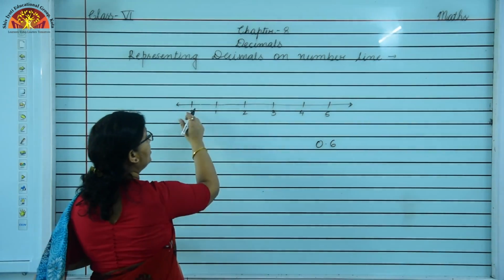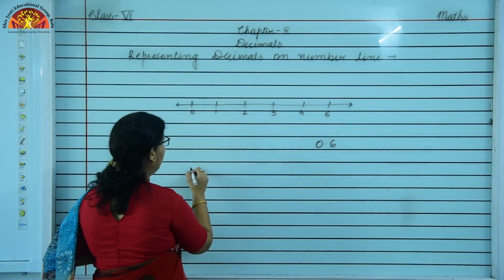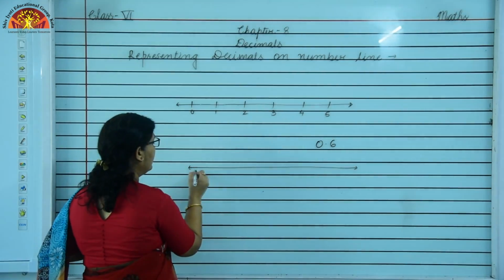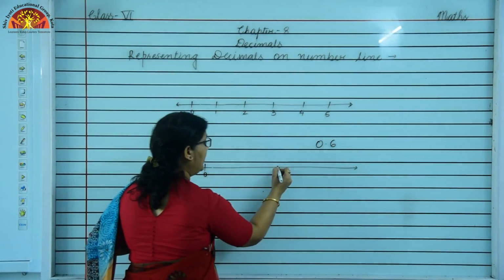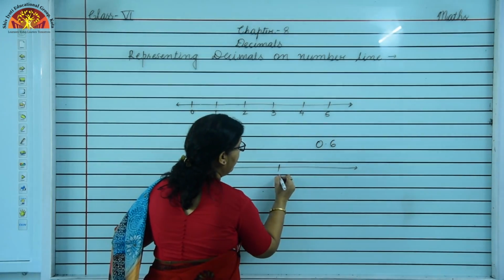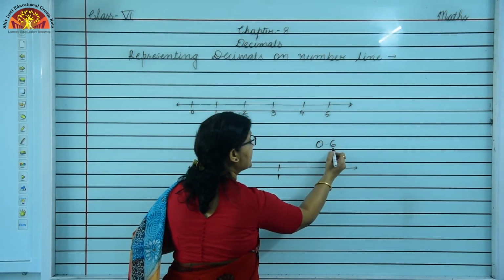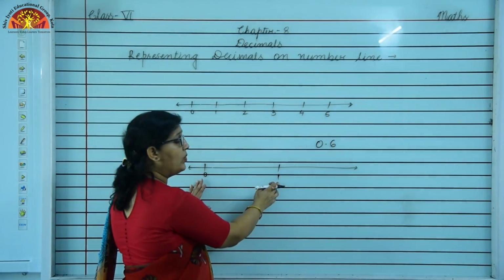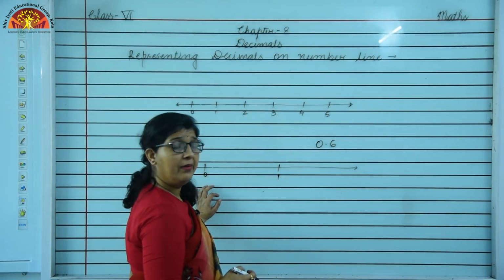So there is no need to write all the numbers on the number line. You put only 0 and 1 on the number line, and because we have 0.6, it means this is the tenths place. So we divide this 1 unit into 10 equal parts.